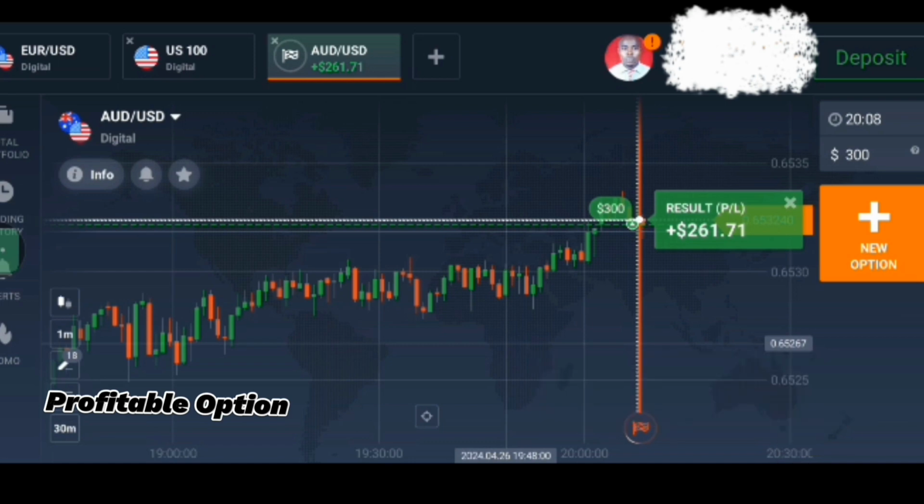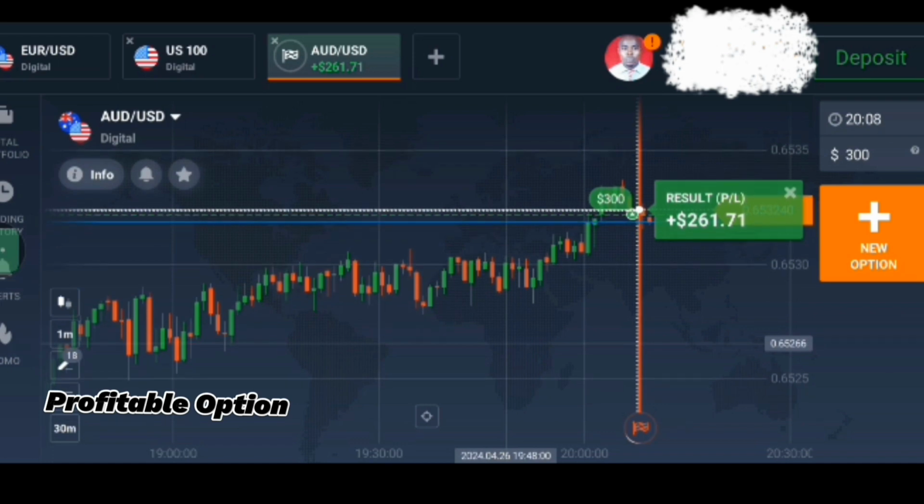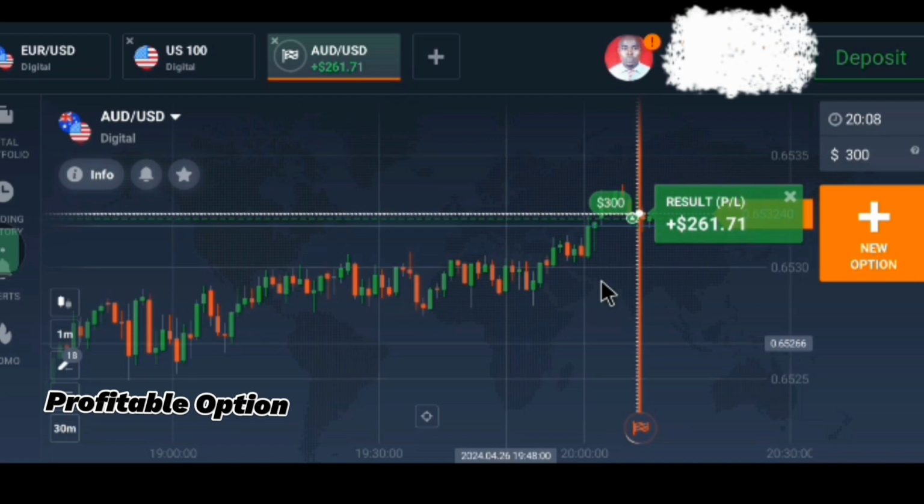In my next video I'm going to be showing you how to analyze each candlestick before you place a trade. I didn't really do an in-depth analysis before placing these trades. Based on my experience, that was what I used to place a trade.